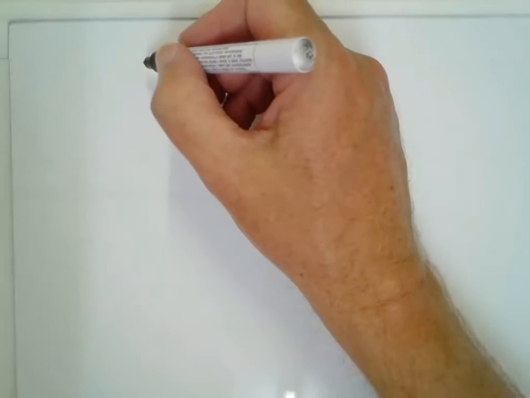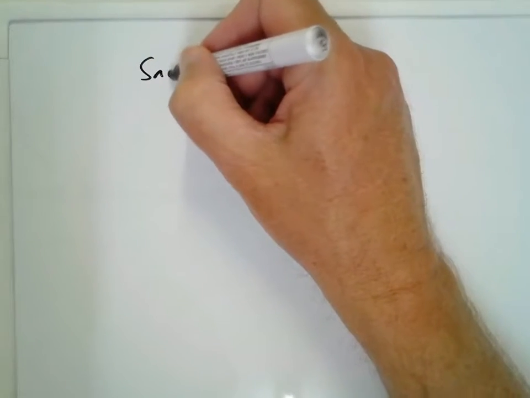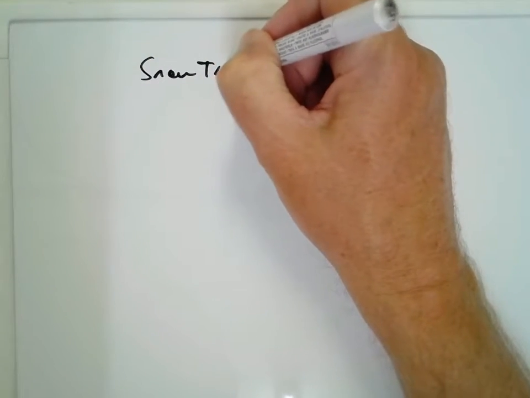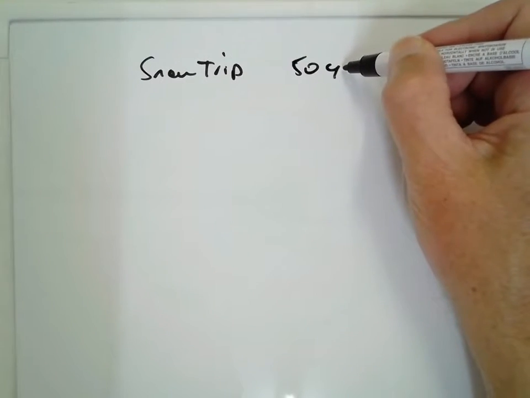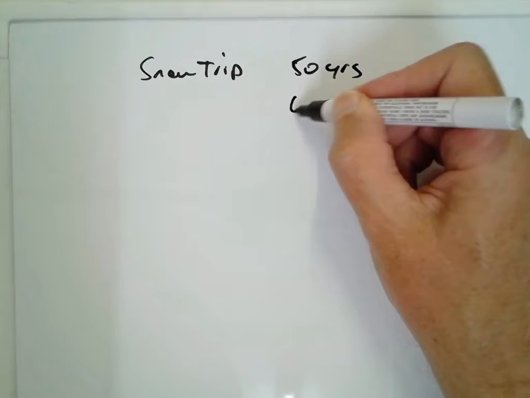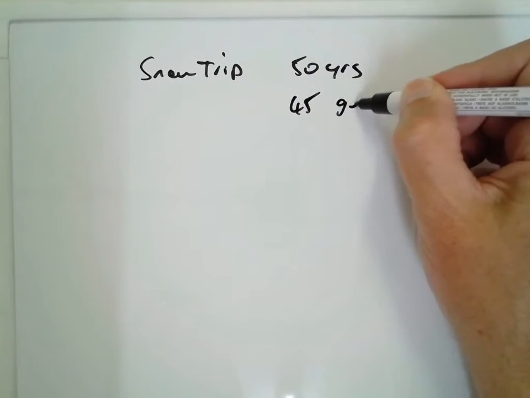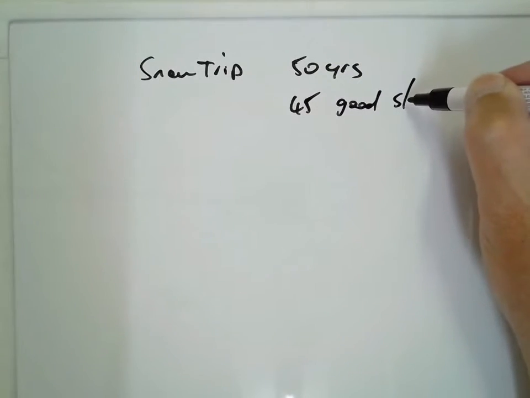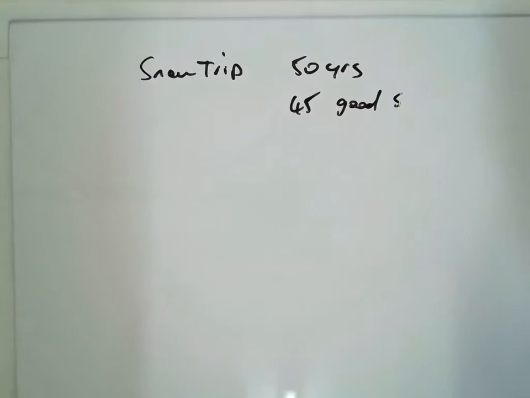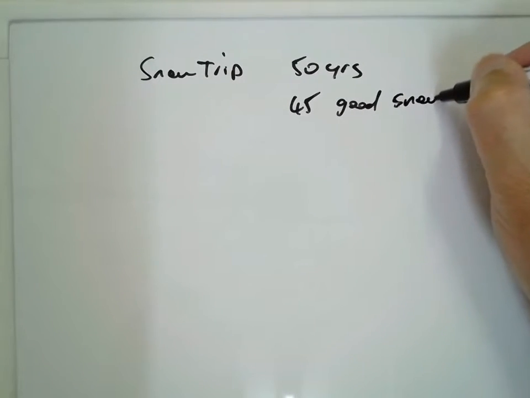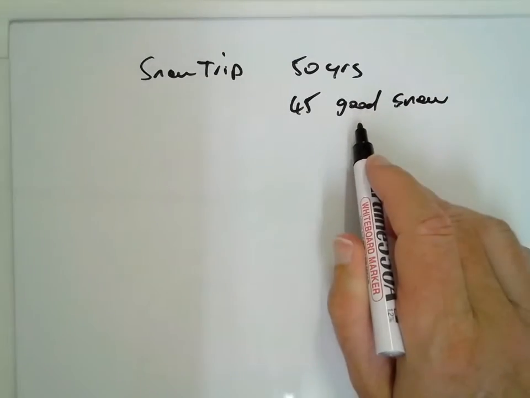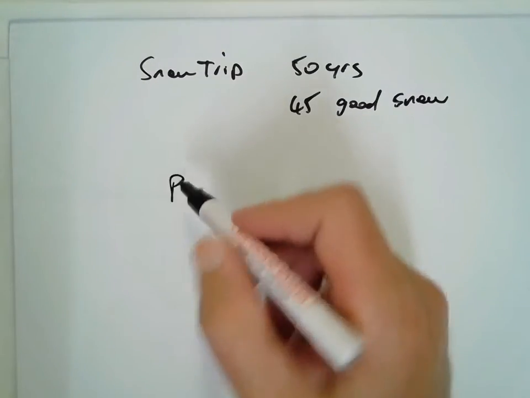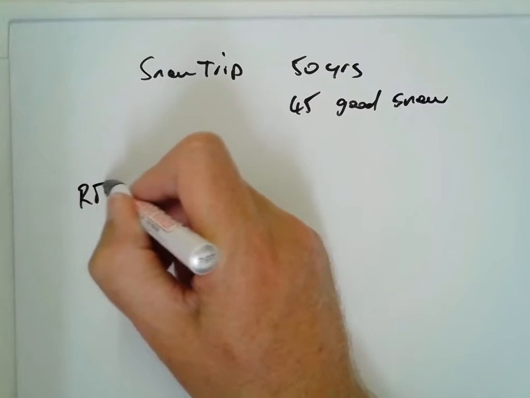One more, let's just think about our snow trip this year or next year or whatever year we're in. Let's just say, out of the last 50 years, 45 have been good snow. What's the probability that this year we get good snow? So probability, the book does call it relative frequency.